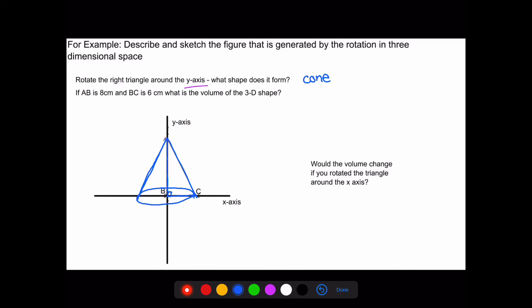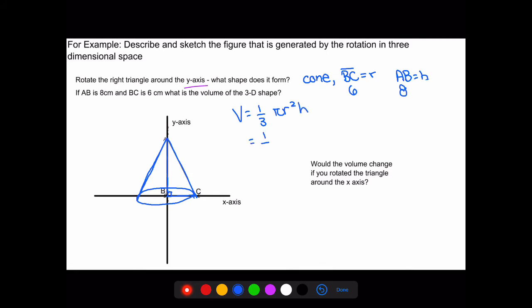Now, with this cone, we realize that BC is our radius, and AB is our height. So if AB is 8, our height is 8, and BC is 6, our radius is 6, what is the volume of the 3D shape? Well, volume is equal to 1/3, for a cone at least, pi r squared times height.